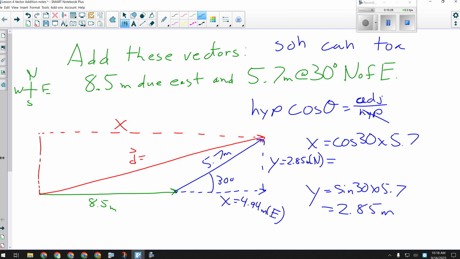Okay. So now, do I have the ability to figure out what red X is? Because this is a rectangle, right? This side and that side have to be the same, right? So red X is actually 8.5 plus 4.94.